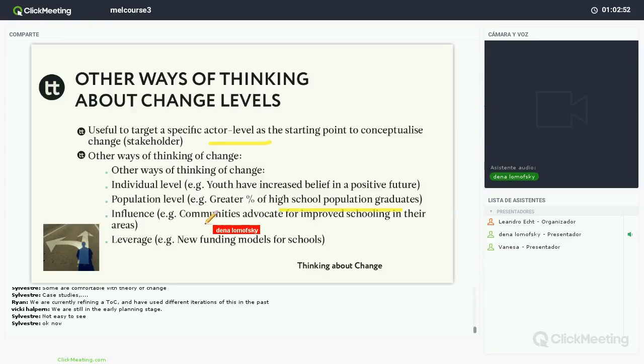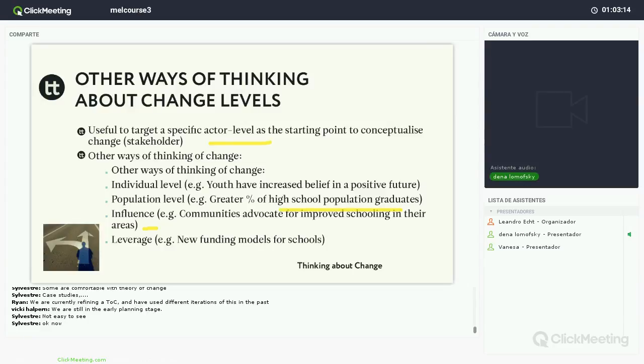You may also want to think about influence, the kinds of changes where communities are able to advocate for improved schooling in their areas, or for improved conditions where they live.